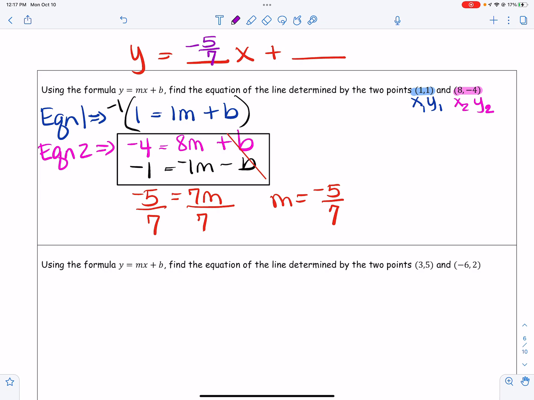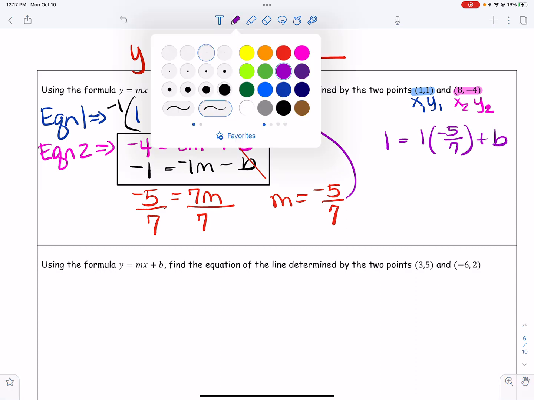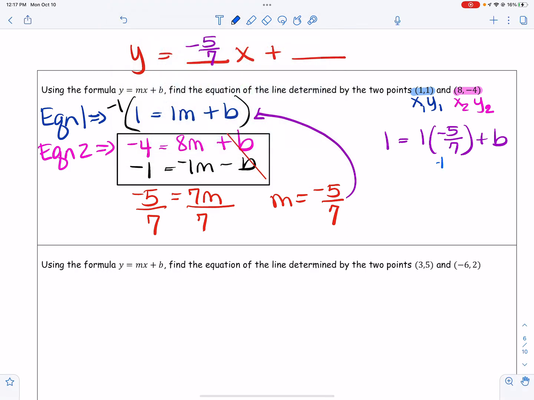And so what we're going to do is go back and substitute into one of the original equations. So 1 is equal to 1 times -5/7 plus b. I'm going to add 5/7 to both sides. But remember, I can't add 1 to 5/7, so I have to change that to 7/7.